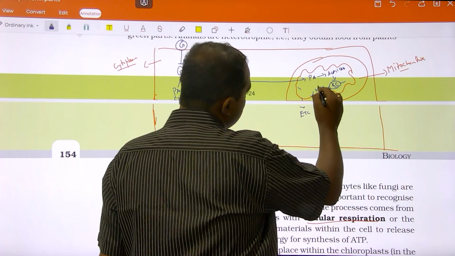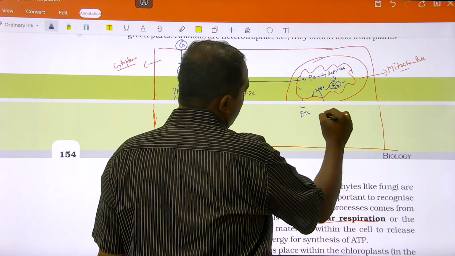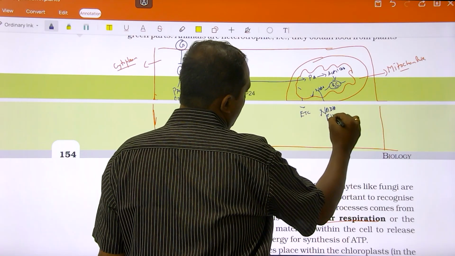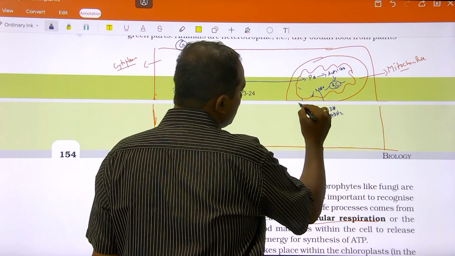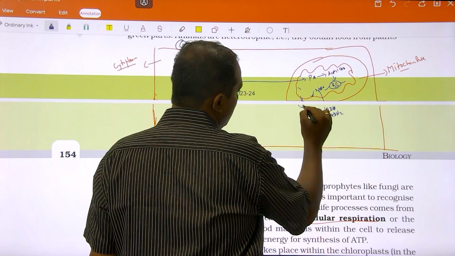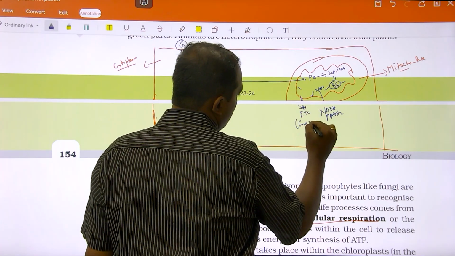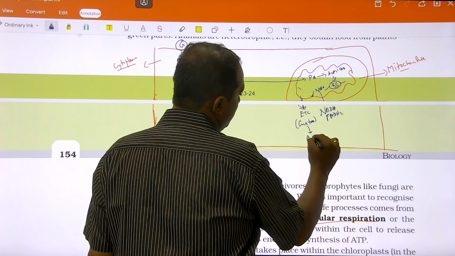So what happens is NADH and FADH2, two things. One is NADH, the other one is FADH2. These two will join the electron transport system which is happening in the cristae, where ATP will be generated.